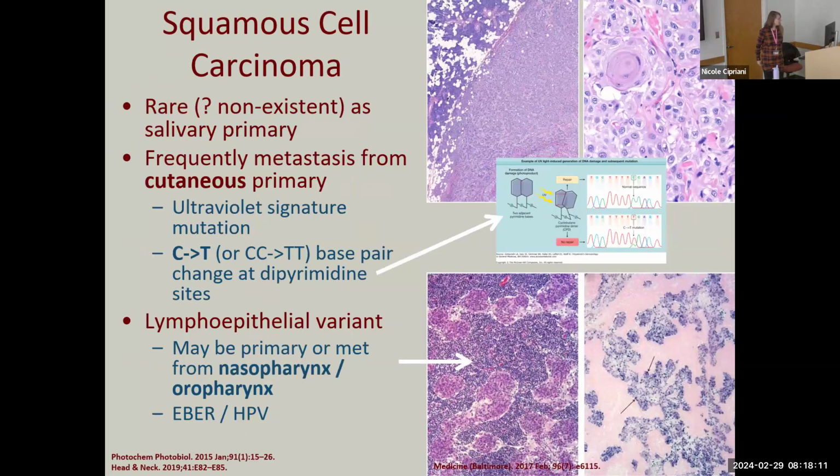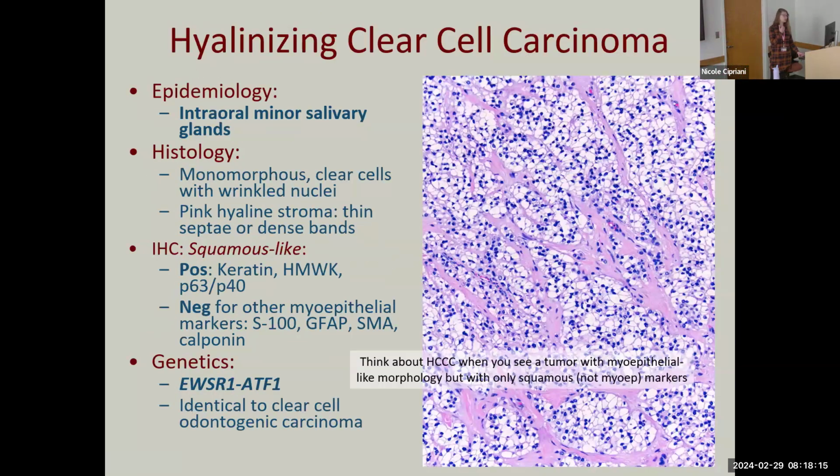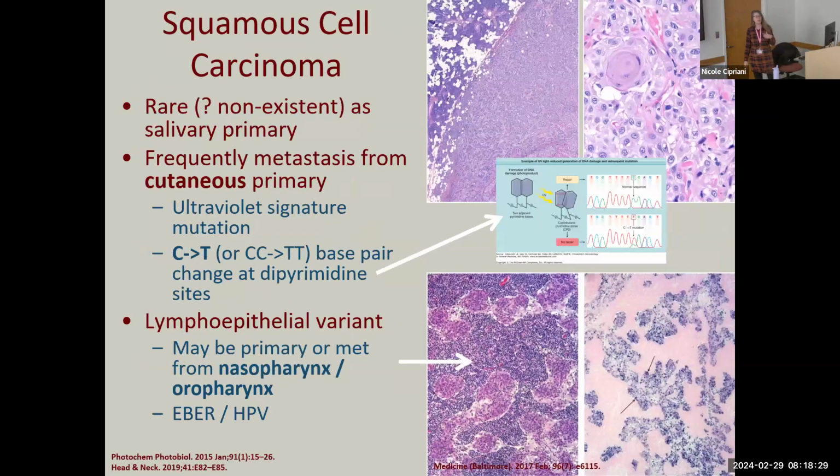So then when you think about squamous cell carcinoma, this can be immunohistochemically similar to squamous. Well, it's different, one, because of the genetics, two, because it's usually low grade. These are usually very bland without lots of mitosis or necrosis, but when you have metastatic squamous cell carcinoma to salivary gland areas, usually these are frankly high grade, keratinizing squamous cell carcinomas.